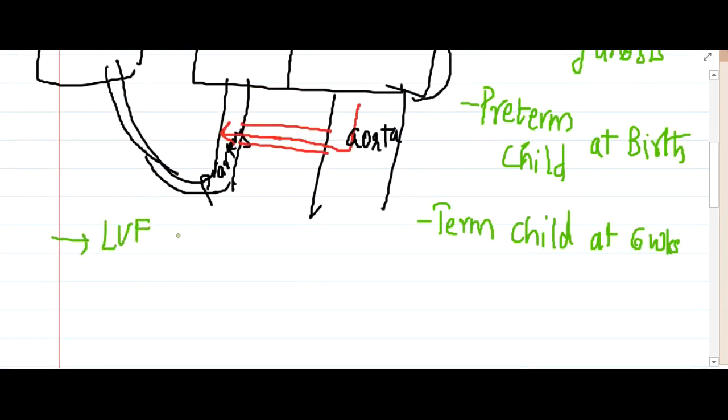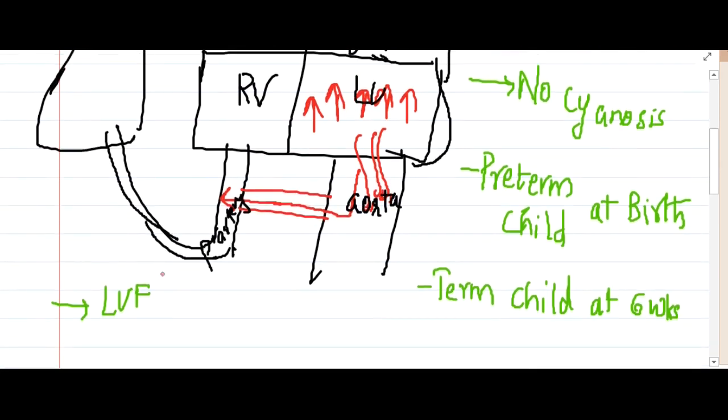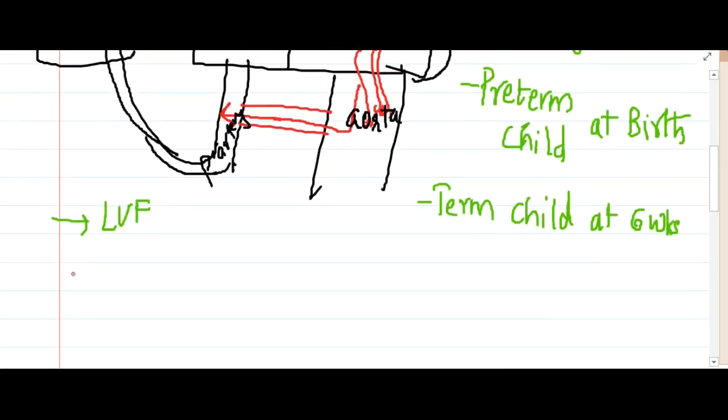Because lots of blood is accumulated in the left ventricle, more time is required for the blood in the left ventricle to pass to the aorta.